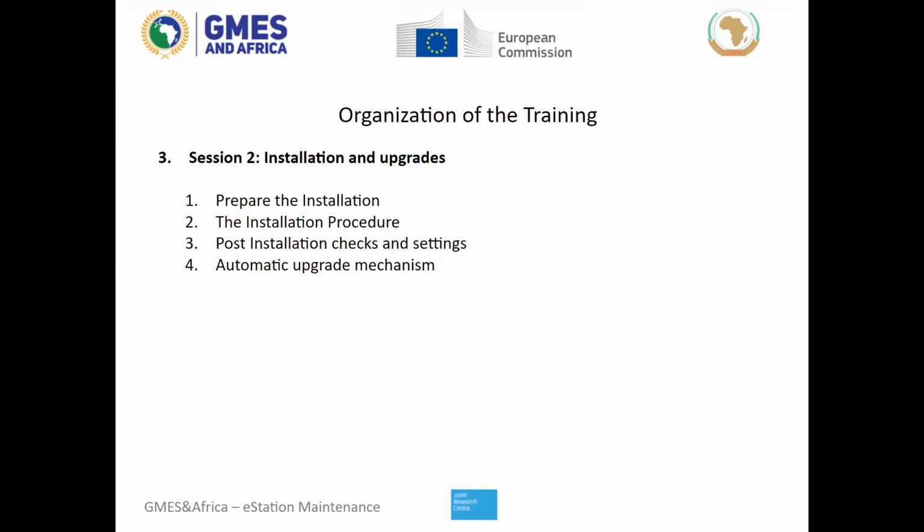We wanted to reinstall from scratch, and then what are the things to be done before the installation, and what are the things to be done immediately after the installation, and also to see how the eStation software is upgraded each time when it is sent through the UMatcast dissemination. So these are the topics which we are going to cover in this session.